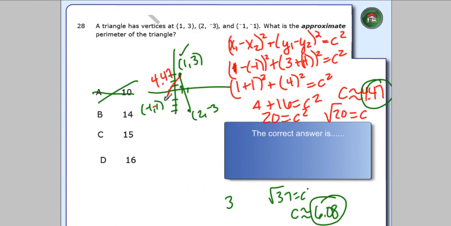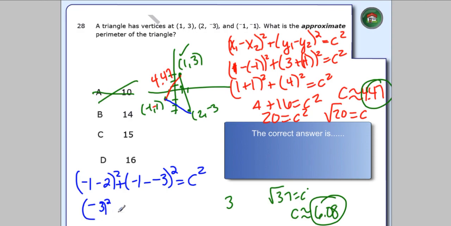I'm going to do the blue. So again, I would do my x's. -1 minus 2 squared plus -1 minus -3 squared equals the new c squared. So this would be -3 squared, and this would be 2 squared.